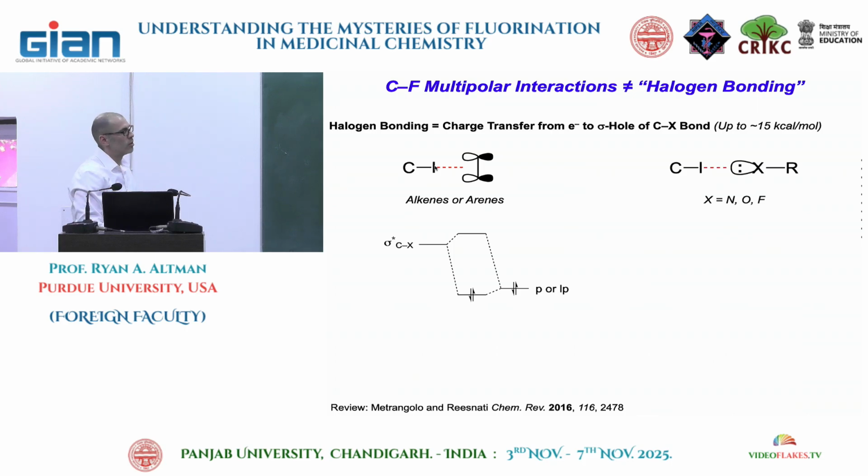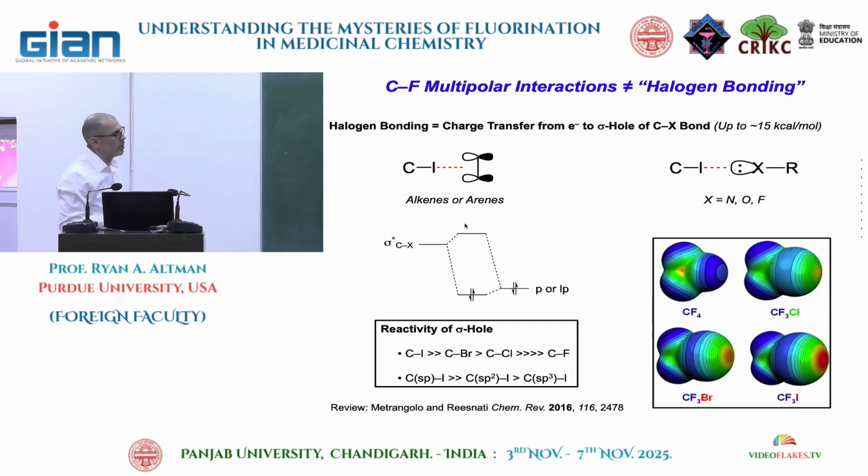Okay? And so the orbital mixing diagram puts 2 electrons down, no electrons go up, and it's a stabilizing interaction. These can be up to 20 kcal per mole. They can be pretty powerful in really well-designed systems. The energy levels or reactivities of the sigma holes, the sigma star, increase as a function of the size of the halogen.